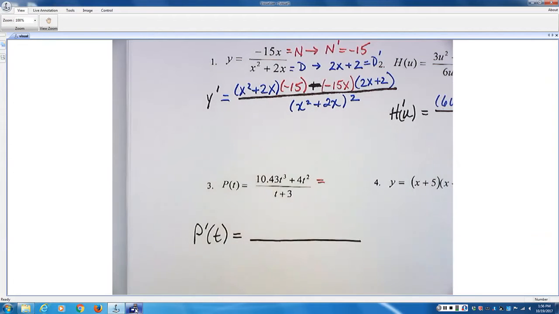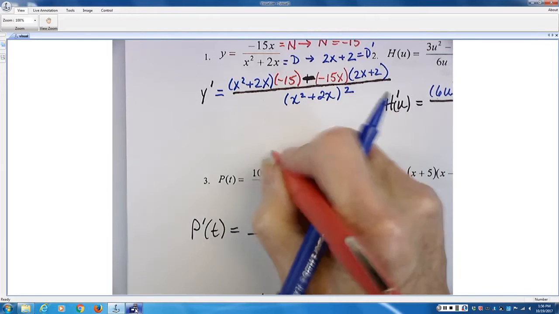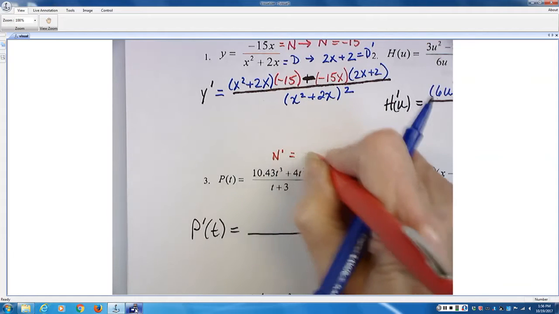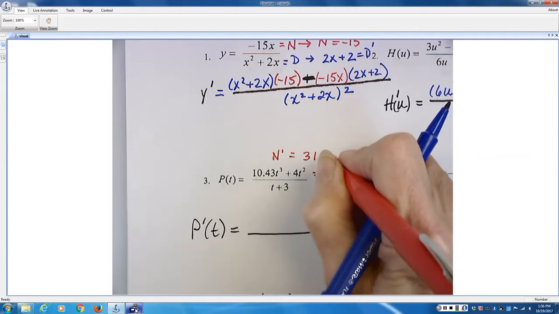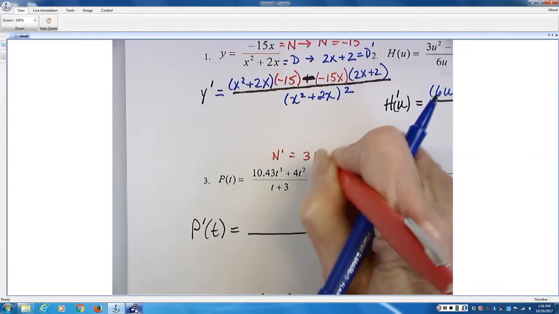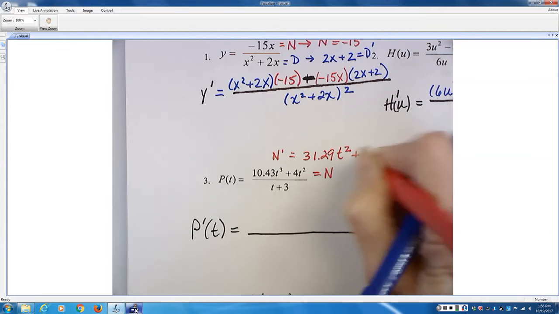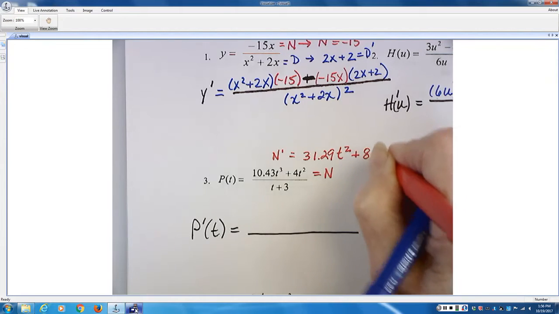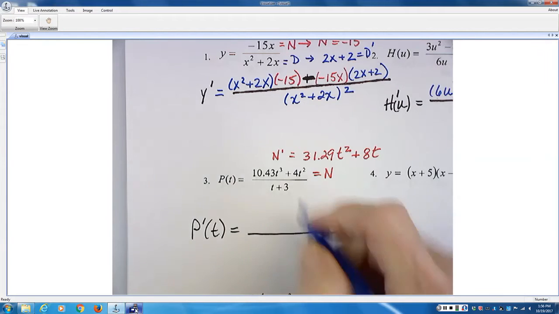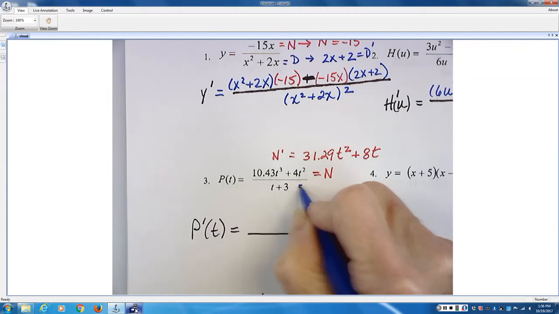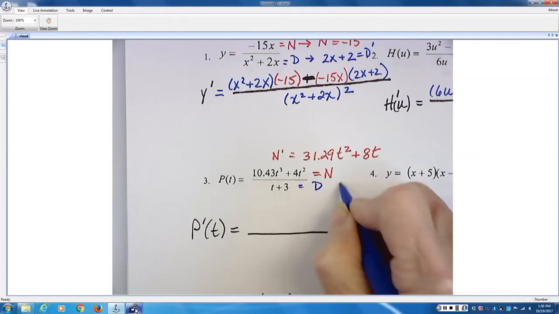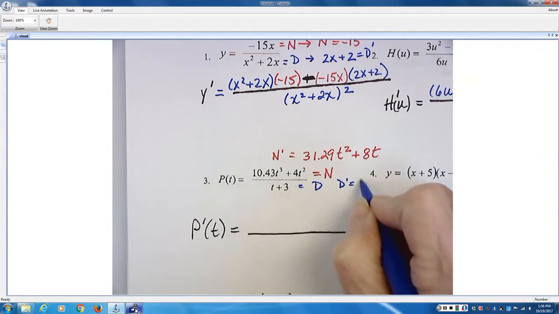So this is the numerator, but n prime is going to be 31.29 t squared plus 4 times 2 is 8t. And then my denominator is t plus 3, which means its derivative is really very easy. It's just 1.